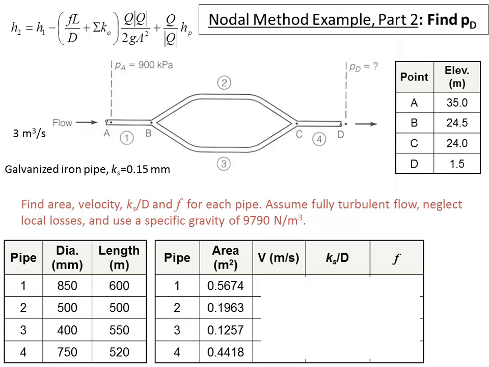Now this equation, we didn't get to see the effect of this absolute value of Q. Does anybody remember why it's an absolute value of Q? Exactly. It's because sometimes, if the flow direction is going a certain way, we'll call it negative flow.